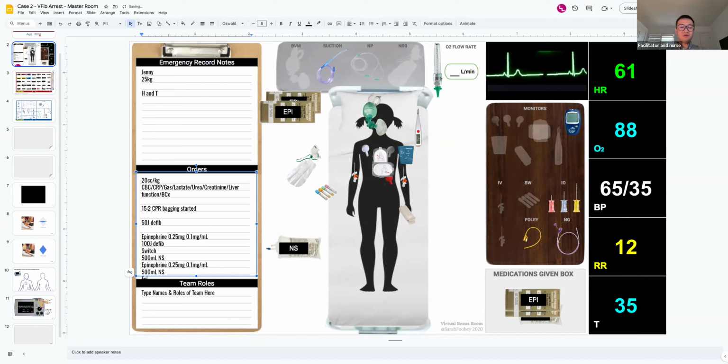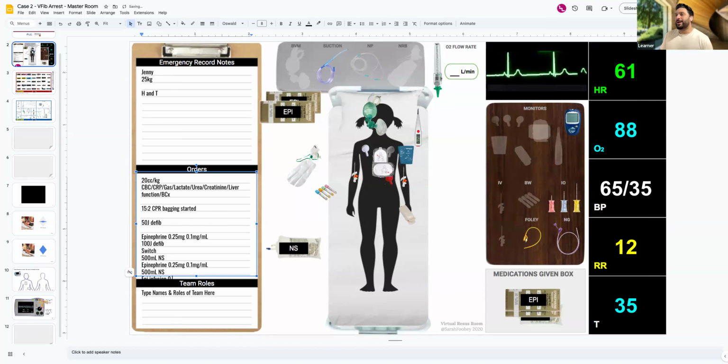You want an epi infusion? Yes, please. Can you repeat that again? Micrograms per kilo per, I can't remember if it's minutes or hours. Okay, I can look it up.